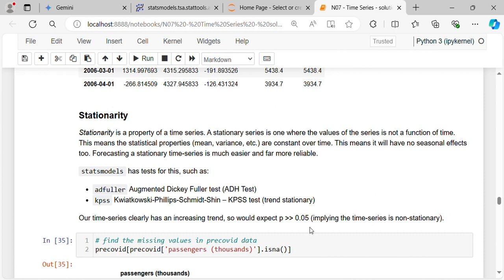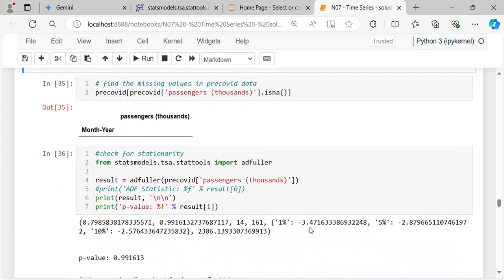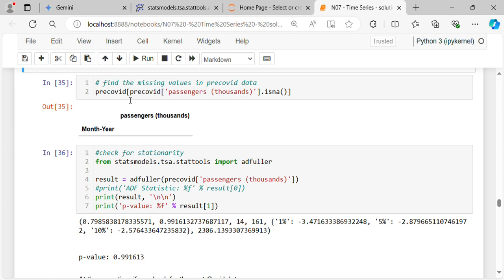Find the missing values in pre-COVID data. So we have pre-COVID data, and to check the number of the data rows which have missing values, we put in the square bracket passengers in thousands column dot isna, open and close bracket, and that prints nothing. Then we check for stationarity. From statsmodels.tsa.stattools, import adfuller.